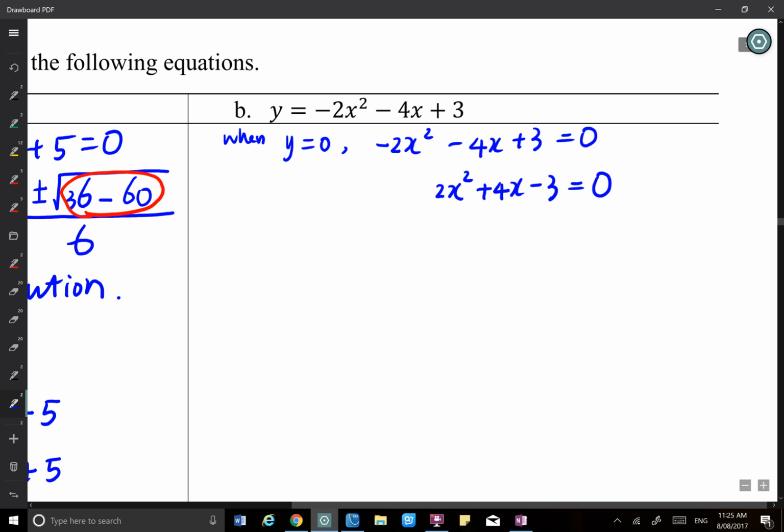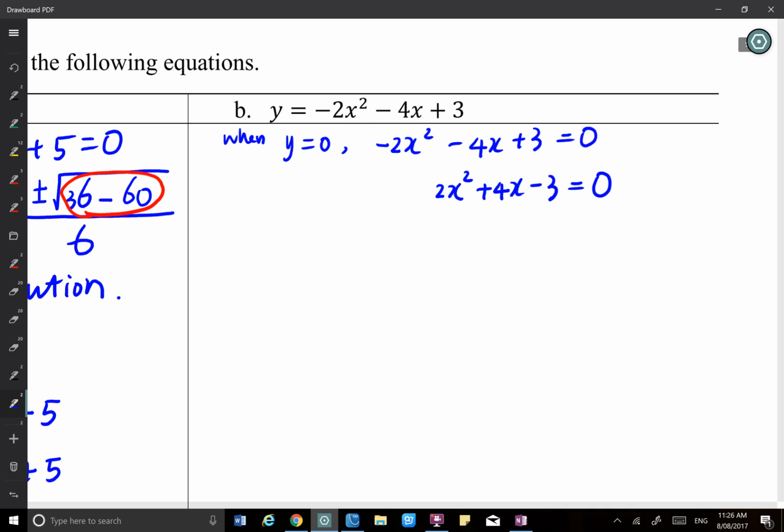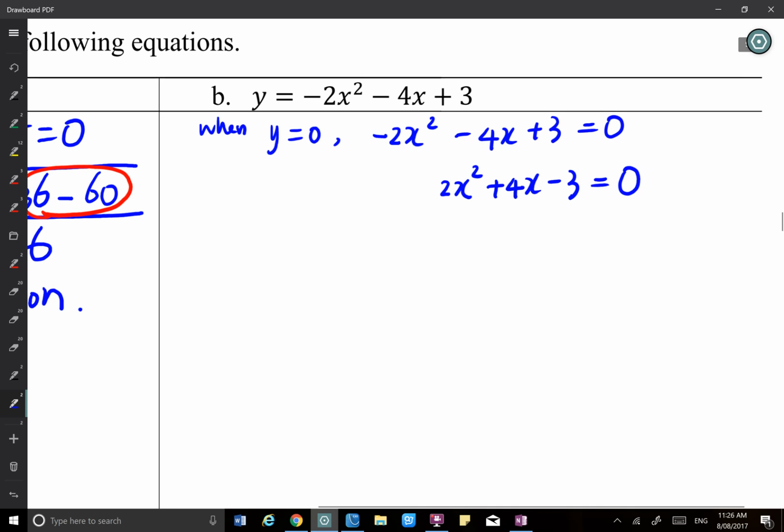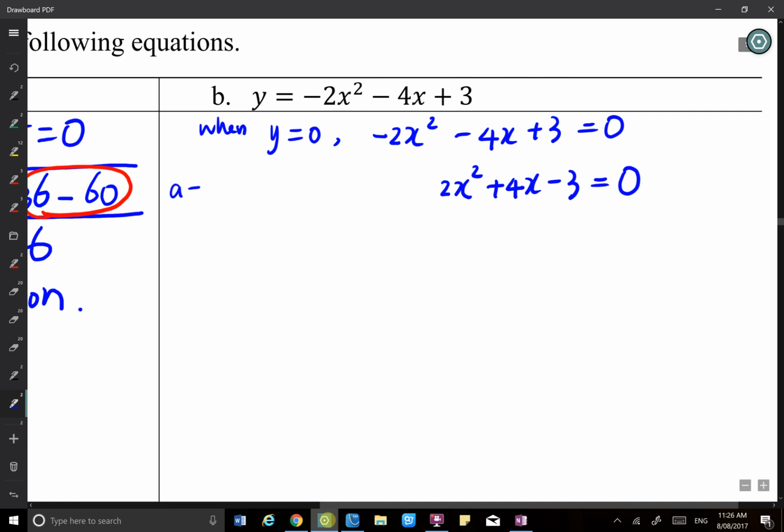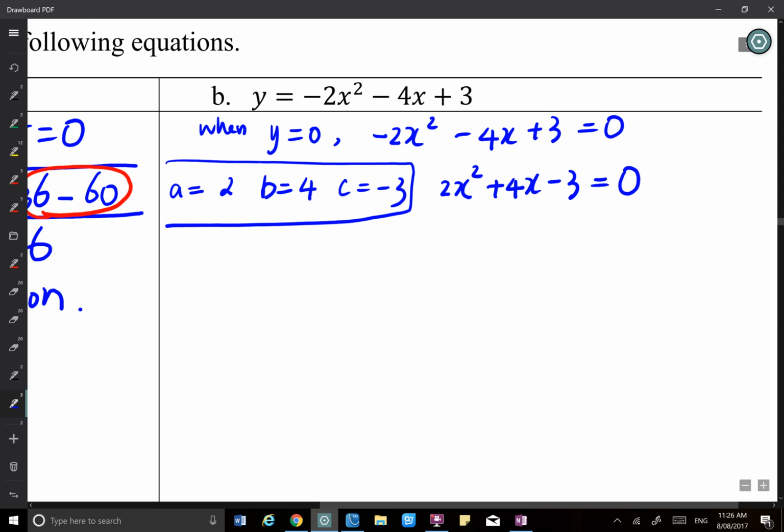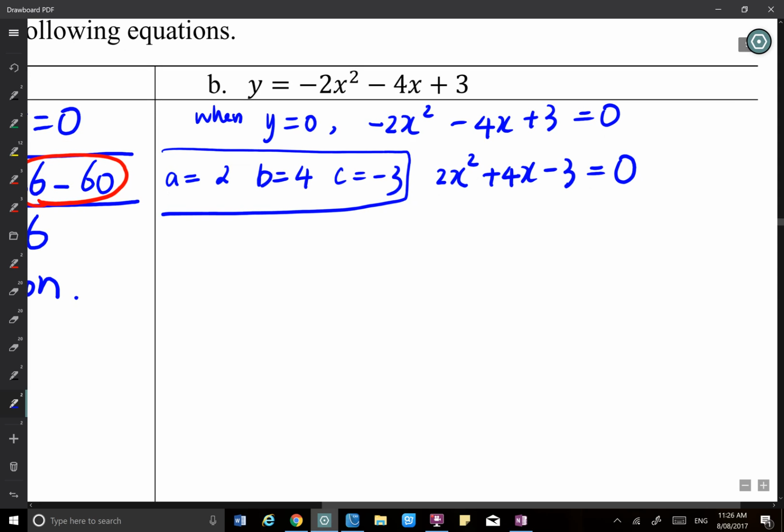I change all the signs. It's not necessary, but I just don't want to see a negative. So in this case, a equals 2, b equals 4, c equals negative 3. That's the ABC values.